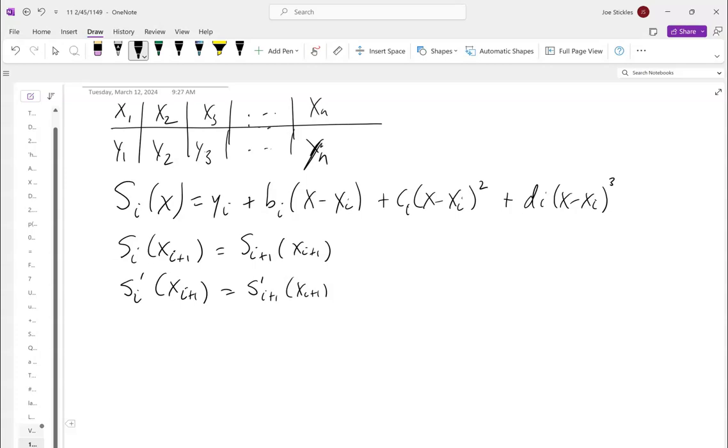I'm using the ones in the middle. So instead of getting n minus 1 equations there, I'm getting n minus 2 equations. So I'm missing one, right? This one gives me n minus 1 equations, but this one gives me n minus 2, right? You agree? Okay.